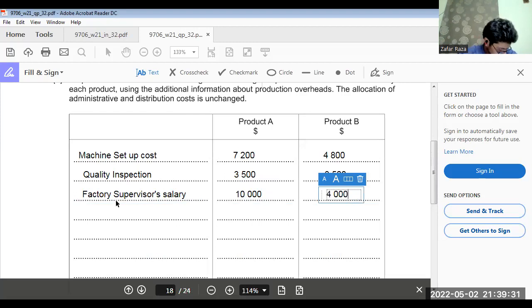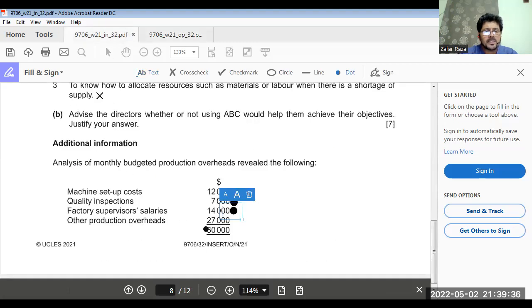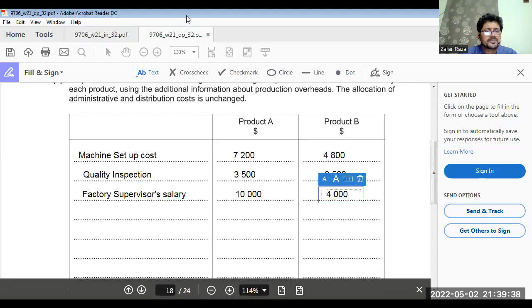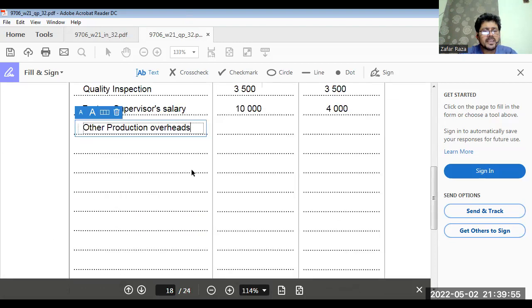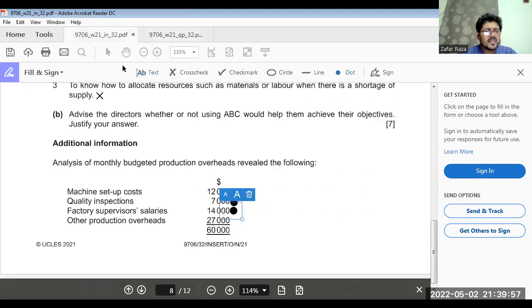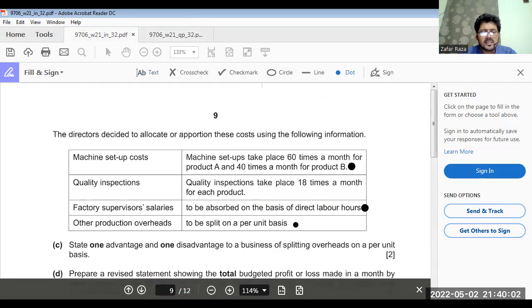Then we have other production overheads. Other production overhead is 27,000. Other production overheads should be divided on the basis of unit basis. Okay.